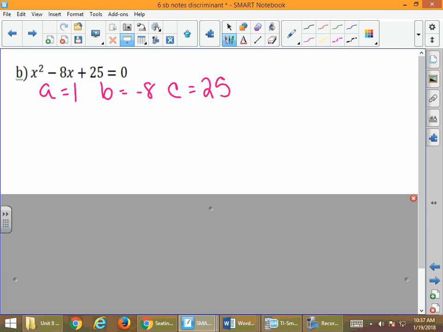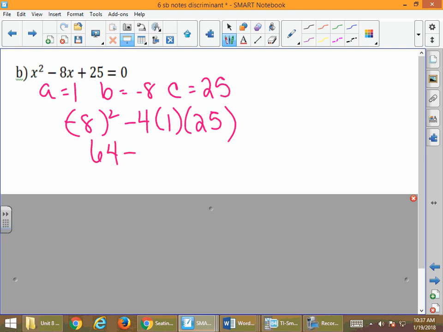B squared minus 4AC: -8 squared minus 4 times 1 times 25. Well, -8 squared is 64. And 4 times 1 times 25 is 100, which gives our discriminant as -36.